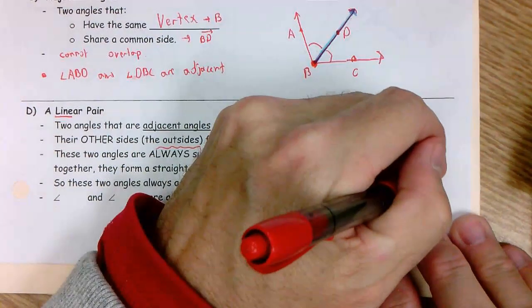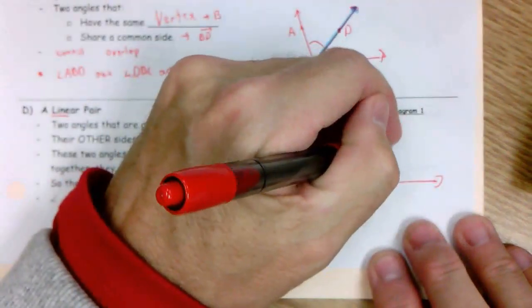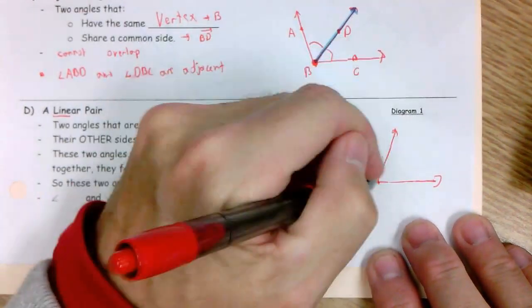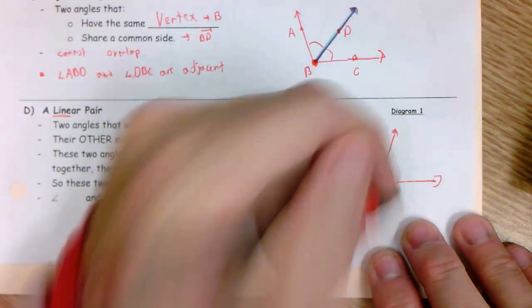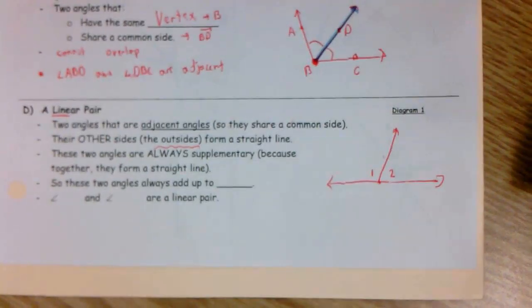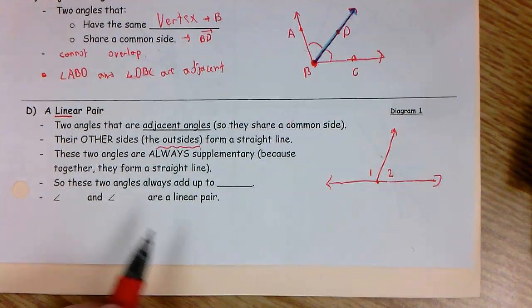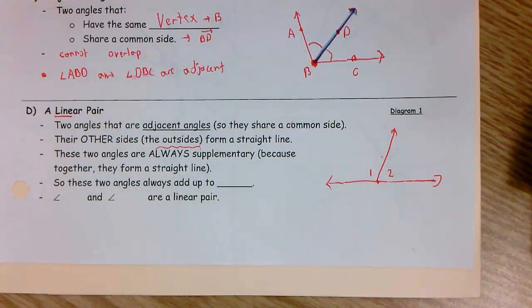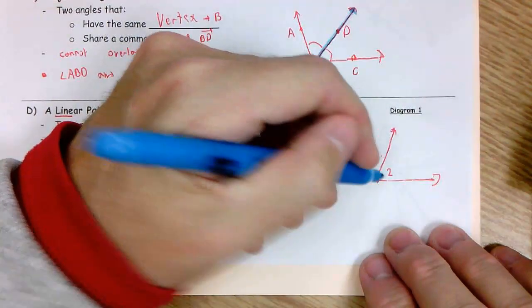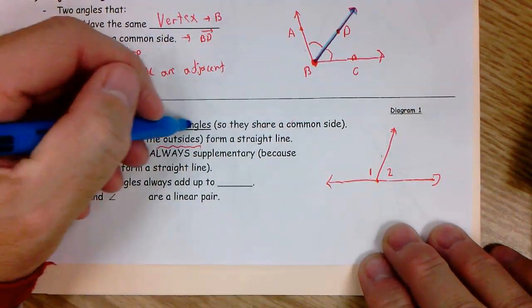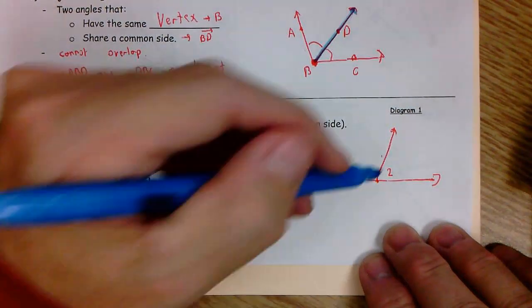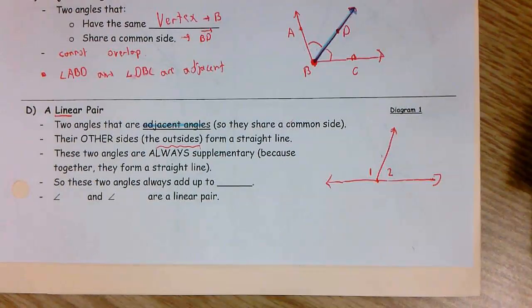I'm just going to name this angle 1 and angle 2. That makes it easy. Notice they share a common side, right? They are adjacent angles. That means they share a common side. That's the line down the middle.